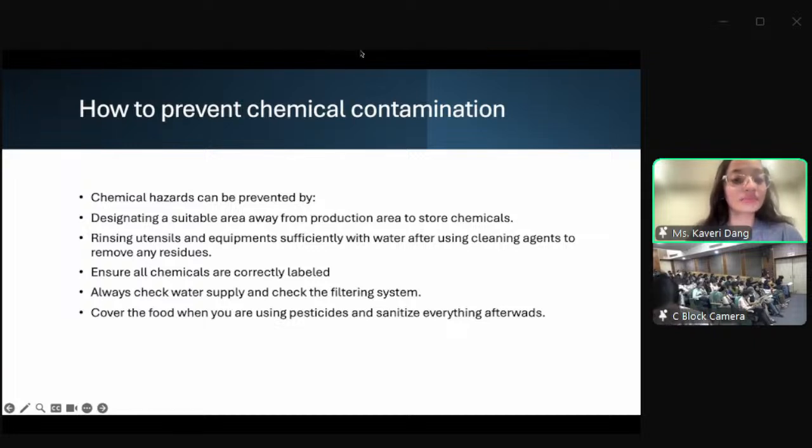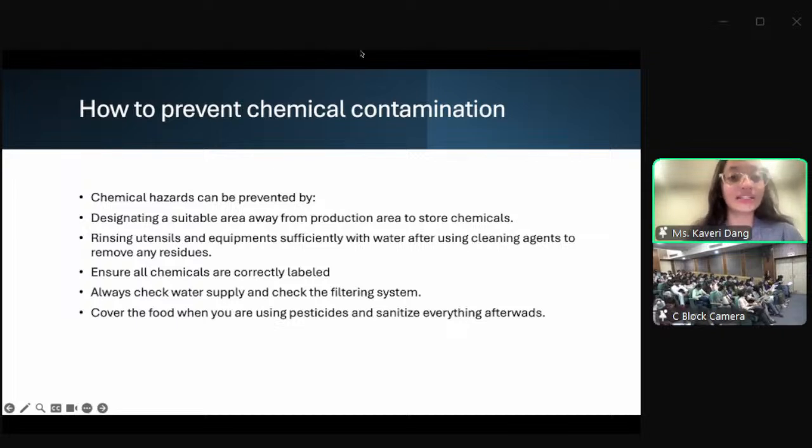And we need to be rinsing our equipments or utensils that are getting used in food production, or equipments that are direct or indirect contact surfaces of the food. So those things need to be sufficiently washed with water after using cleaning agents to remove any residues.